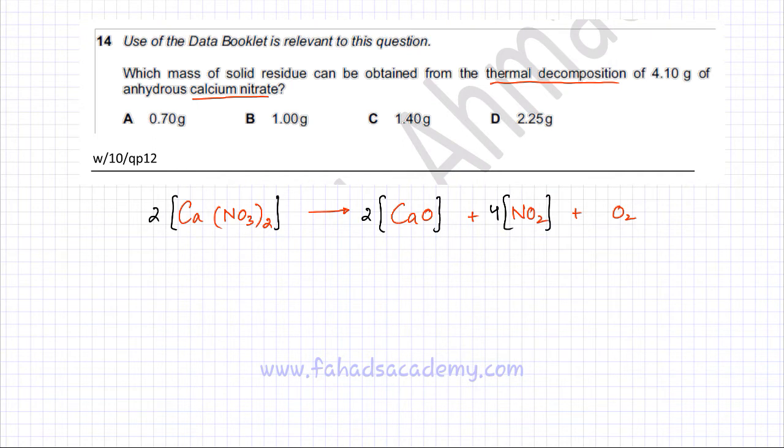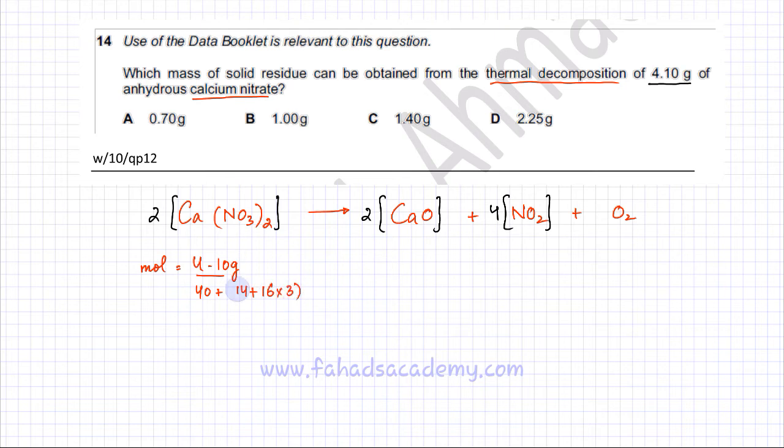Now the question states that you have a total of 4.1 grams of calcium nitrate. So the mass of calcium nitrate is given, 4.10 grams, and using this mass we can find the moles of calcium nitrate. Moles equals mass divided by the molar mass, which for calcium is 40, and for NO3 it's 14 plus 16 times 3, since oxygen is 16.